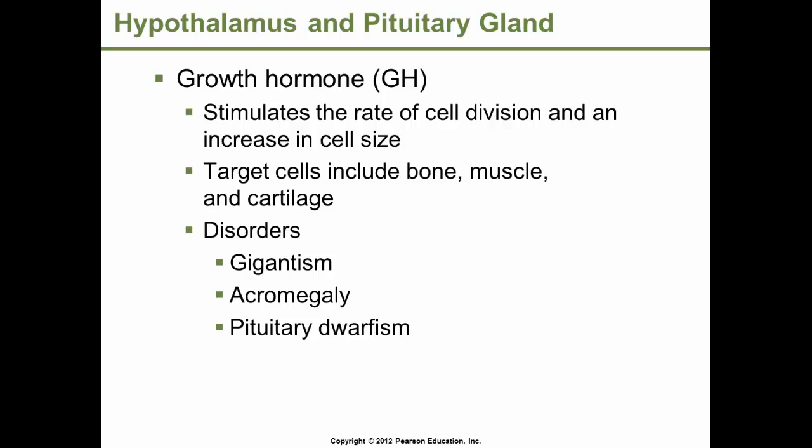Growth hormone stimulates the rate of cell division and also an increase in cell size. Its target cells include bone, muscle, and cartilage. Disorders related to growth hormone include giantism, acromegaly, and pituitary dwarfism.